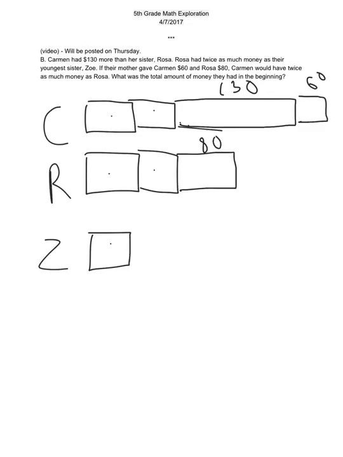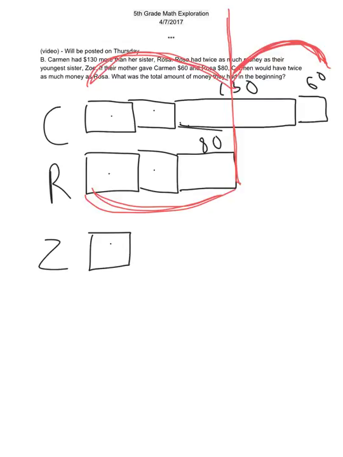But if we take what Rosa has right now, and we now know that Carmen has twice as much, that means that really this is one whole unit, this represents another whole unit, and these 2 units are twice as much as this unit. So if we can figure out what this unit is worth, then this unit must equal the same thing. It also means this one must equal the same thing.